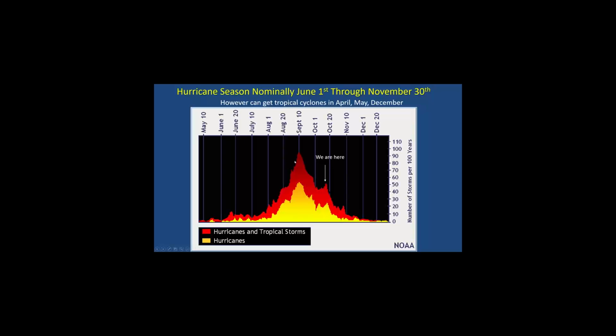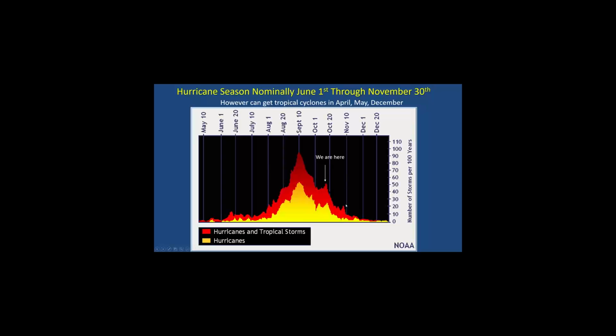And you can tell that by the area under this graph. And you can see the peak of the season is right down there around September 10th. So it's quite common around that time of year to see several storms out there over the Atlantic. We're kind of in the downglide now in mid-October. And the good news for us on the western Gulf Coast is the late season storms, and we would expect additional, they have more of a tendency to recurve off to the east or northeast, and it's harder for them to make it all the way to the Texas coast.